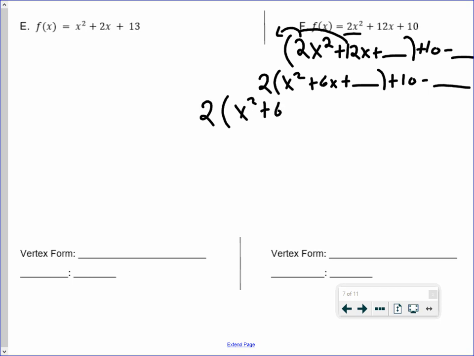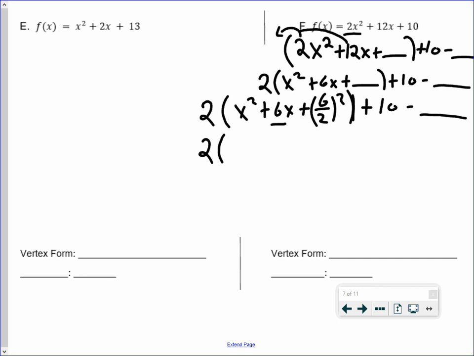x squared plus 6x plus this blank, which is going to be the b divided by 2 squared. Our new b is what we use. We use what's inside the parentheses. Our b here is 6. So we have 6 divided by 2 squared, and close the parentheses, plus the 10 minus a blank. We're going to deal with that blank in a little bit. Let's work this down.